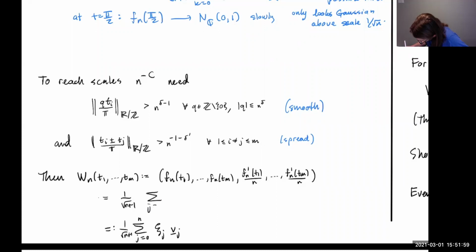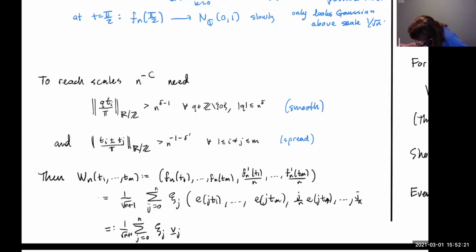So you can pull out the Cj, and then you just have this vector of characters, and the derivatives. Let's just call that Vj. So this is a vector in a 4m dimensional phase space.